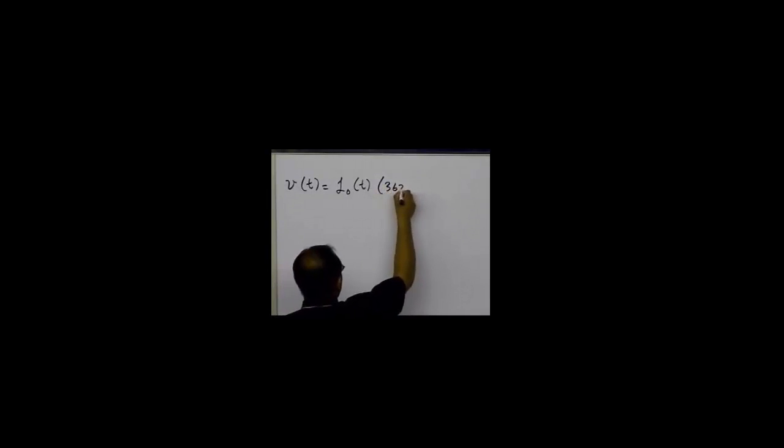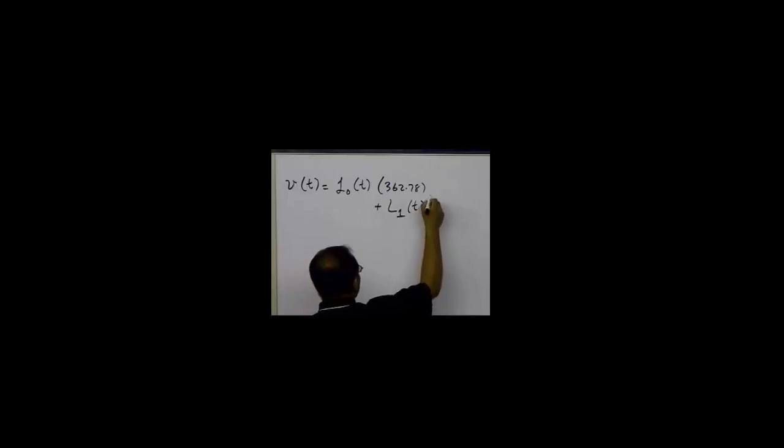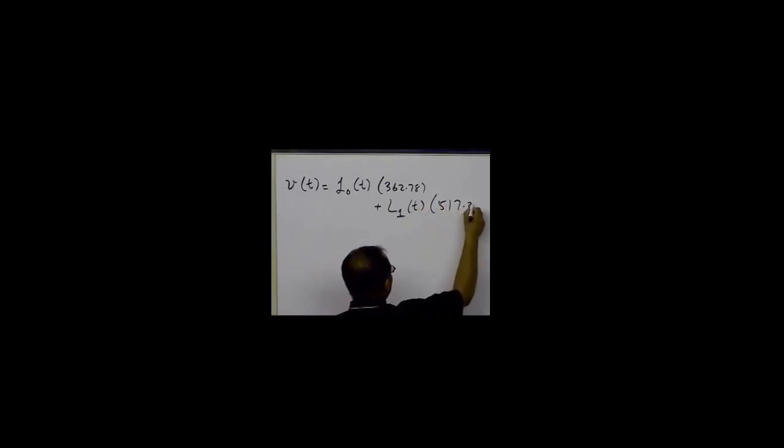So I'm going to substitute it back into the formula which I had previously. I had V of t equal to L naught of t times V of t naught, which was 362.78, plus L1 of t times the value of the velocity at 20, which was 517.35.